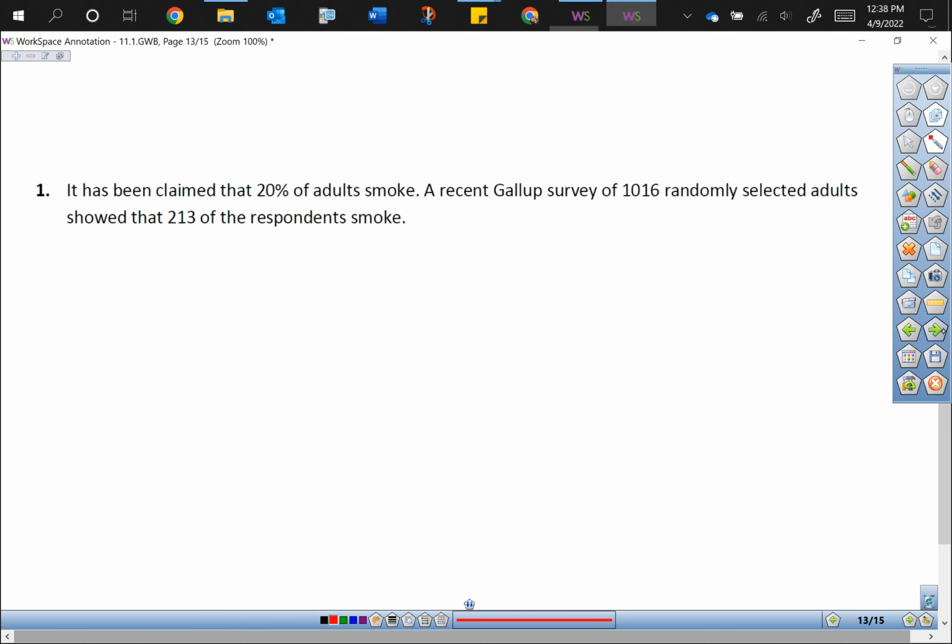So let's go to the back side and let's try some of these examples. On number 1, it says, it has been claimed that 20% of adults smoke. A recent Gallup survey of 1,016 randomly selected adults showed that 213 of the respondents smoke. So a couple of things that I've picked up about this problem. First of all, it has been claimed that 20%, that's a proportion.